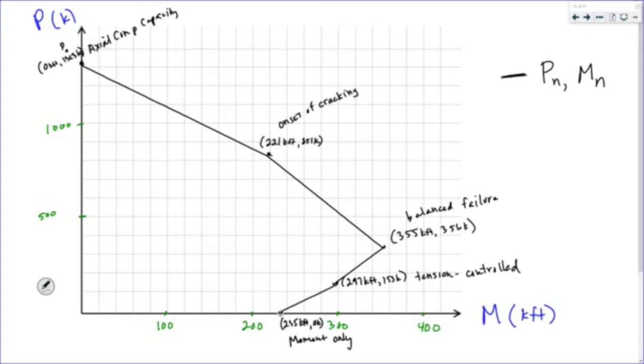So that is my interaction diagram, but only using the nominal capacities, which is a bit of a misnomer up at the axial compression capacity, but we'll talk about that in a minute. Okay, so this is our interaction diagram so far of only the nominal capacities.